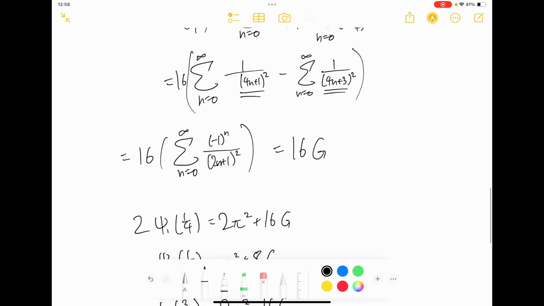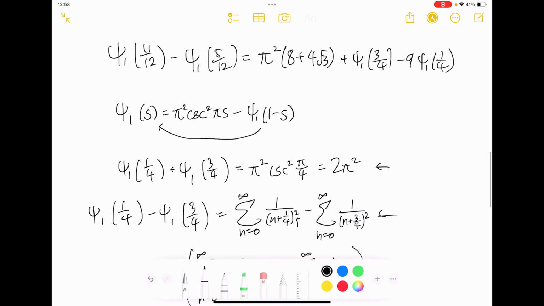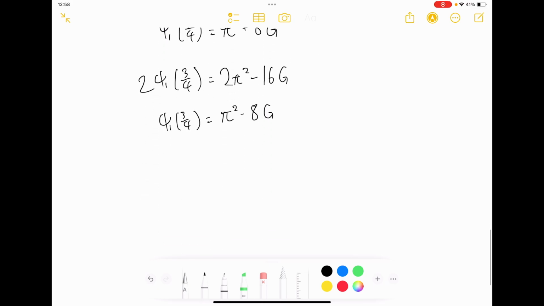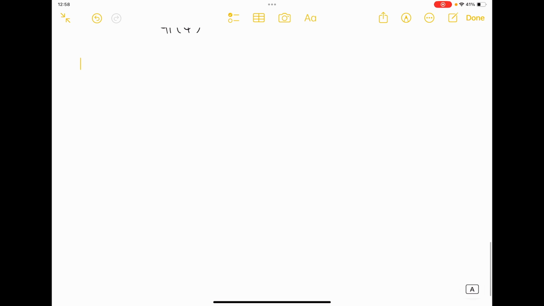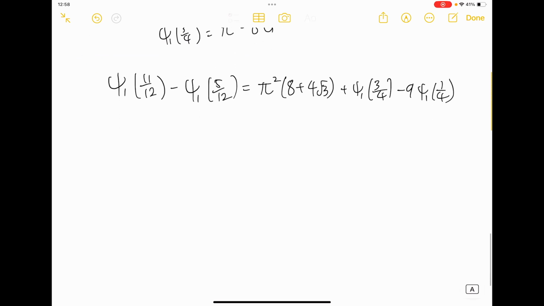There we go. And going back to the original equation, why don't I just copy this down there? Copy and paste, there we go.